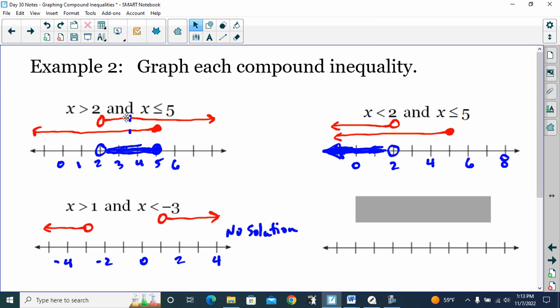And statements sometimes are written like these with the word and in between, but probably even more often look like this, where it's one inequality, the x is in the middle. This means x is bigger than -3 and x is less than or equal to 2.